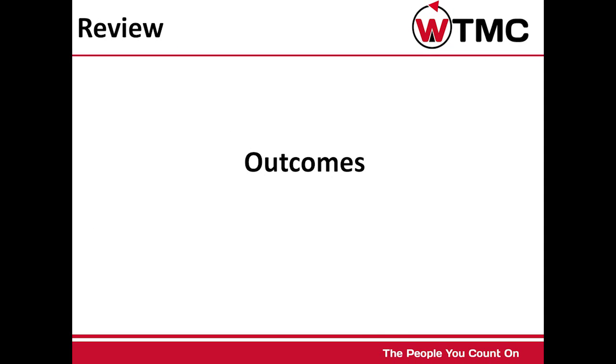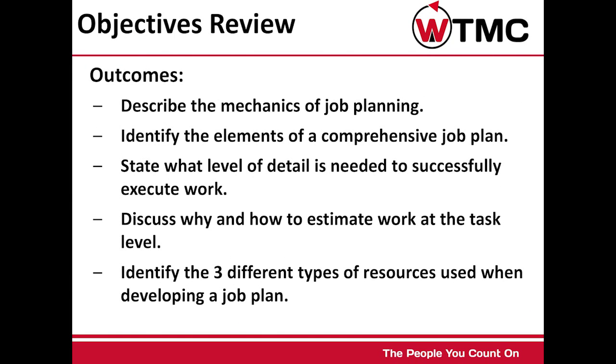Objectives review. Now that we have completed Lesson 4, you should be able to describe the mechanics of job planning, identify the elements of a comprehensive job plan, state what level of detail is needed to successfully execute work, discuss why and how to estimate work at the task level, identify the three different types of resources used when developing a job plan.